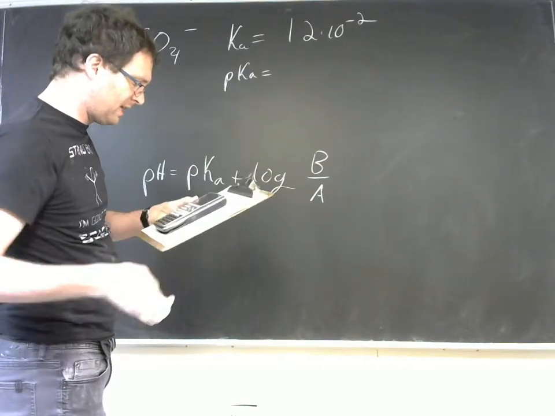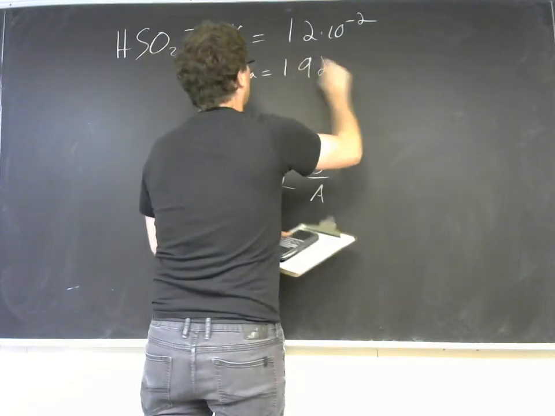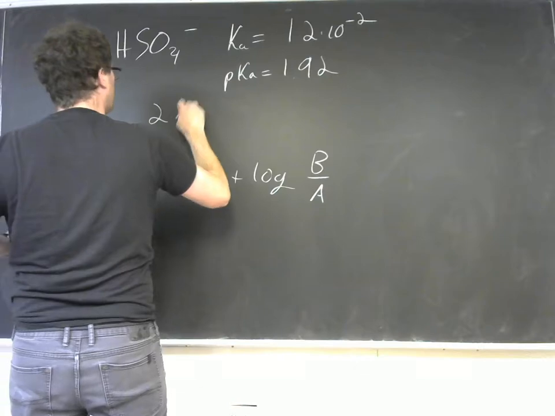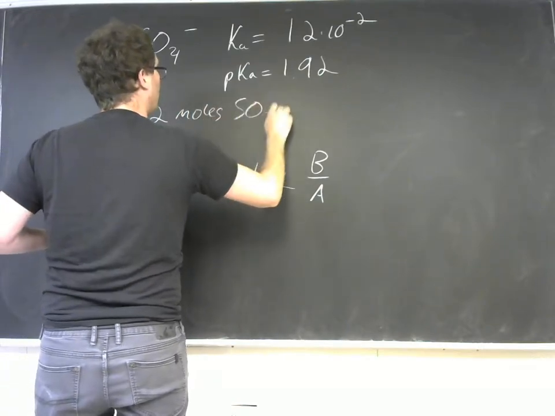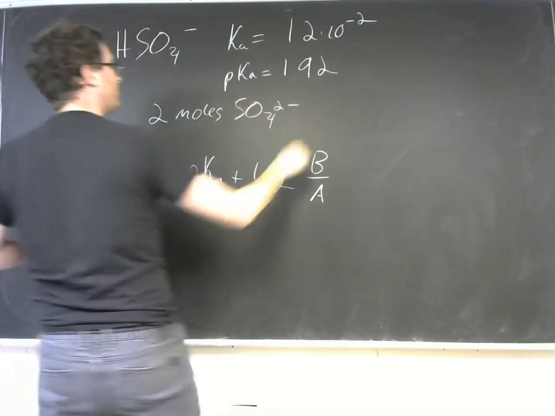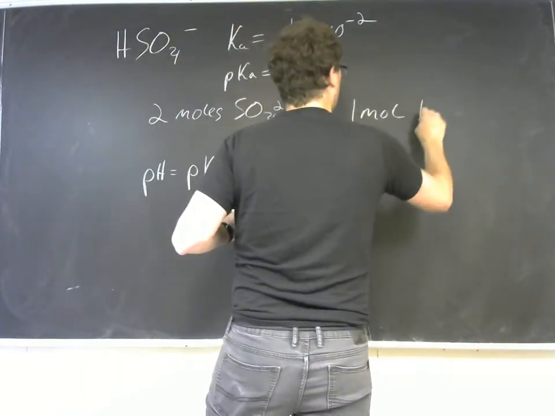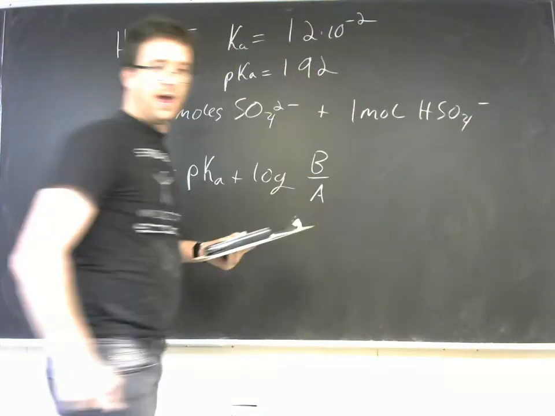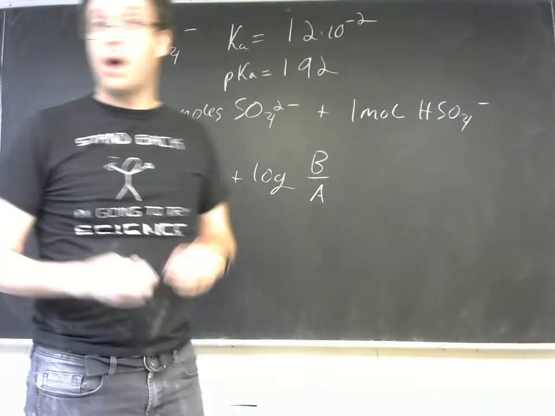It's got a pKa of 1.92. So if I take 2 moles of sulfate and 1 mole of hydrogen sulfate and put them into a liter of solution, then what will be the pH?